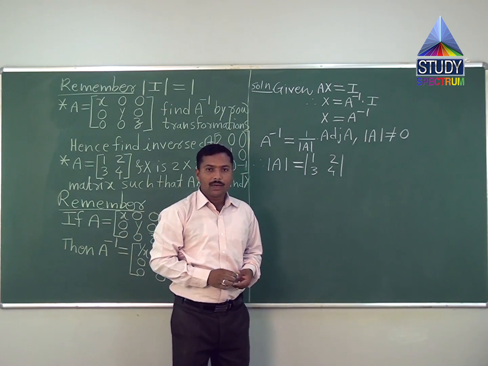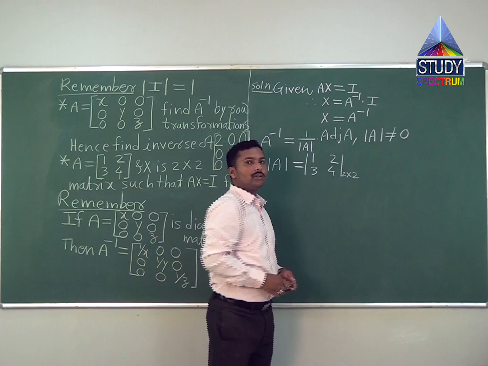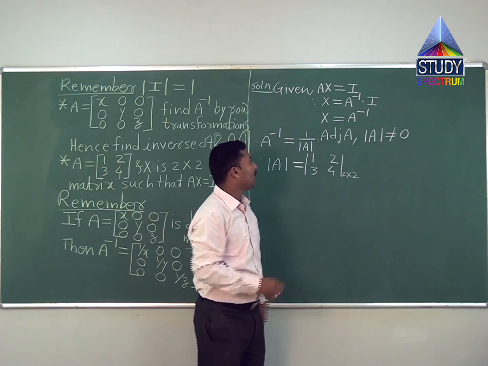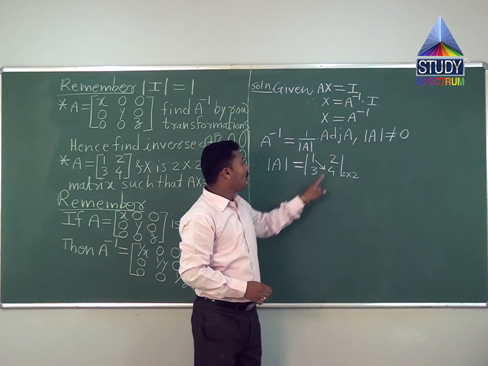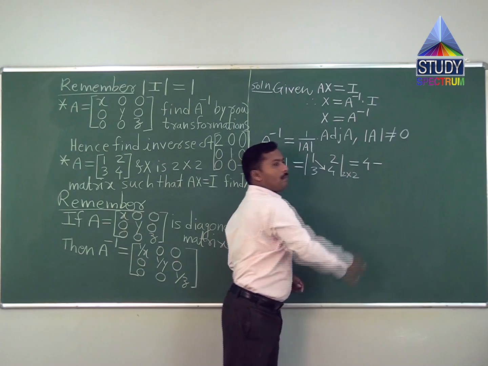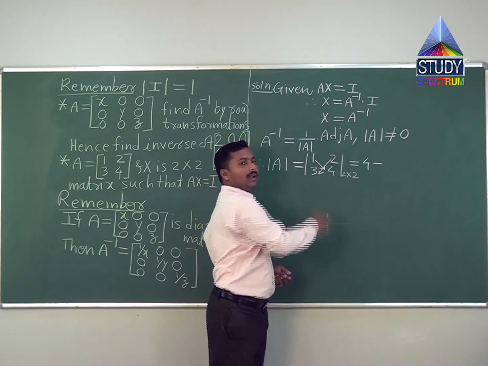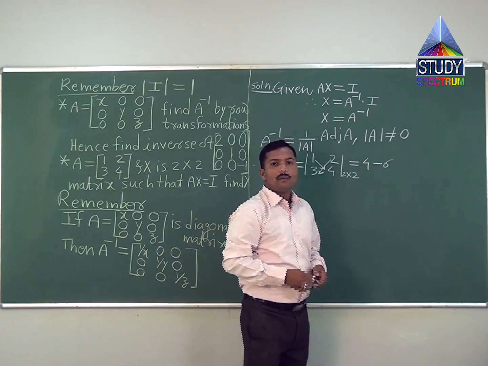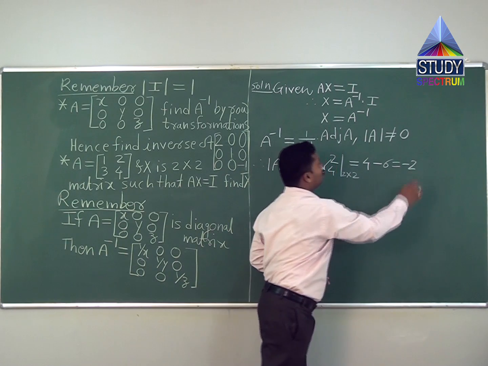This is a 2 by 2 determinant, so 1 into 4, which is 4, minus 2 into 3, which is 6. 4 minus 6 equals minus 2.